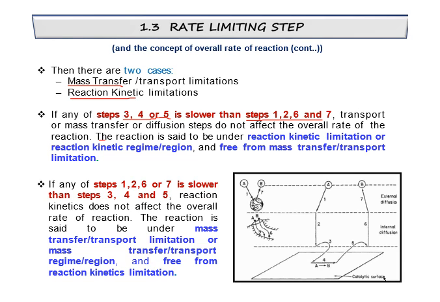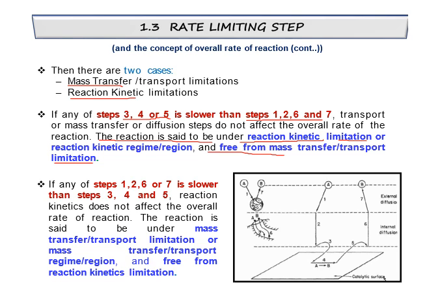Okay, so it's stated here. If step 3, 4, or 5 is slower, it means that the overall reaction is under reaction kinetic limitation, and it is free from mass transfer limitation.